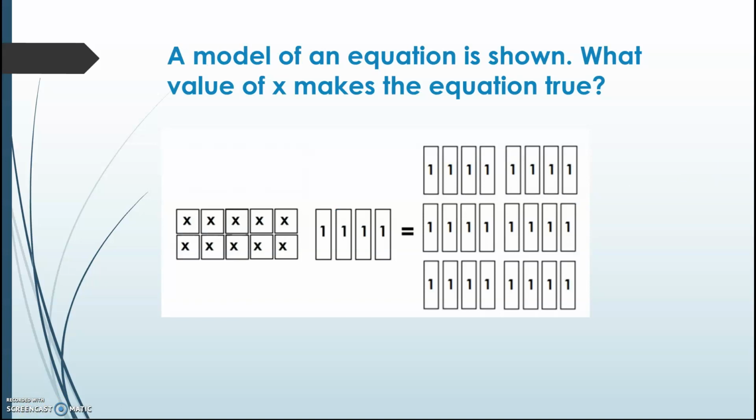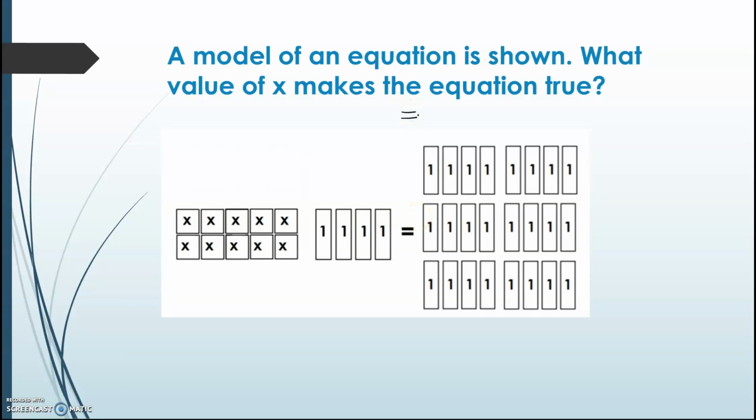So this is an example of a model. A model is a picture of the equation. So let's go ahead and take a look at the equation that we see here. We have an equal sign here in the middle.